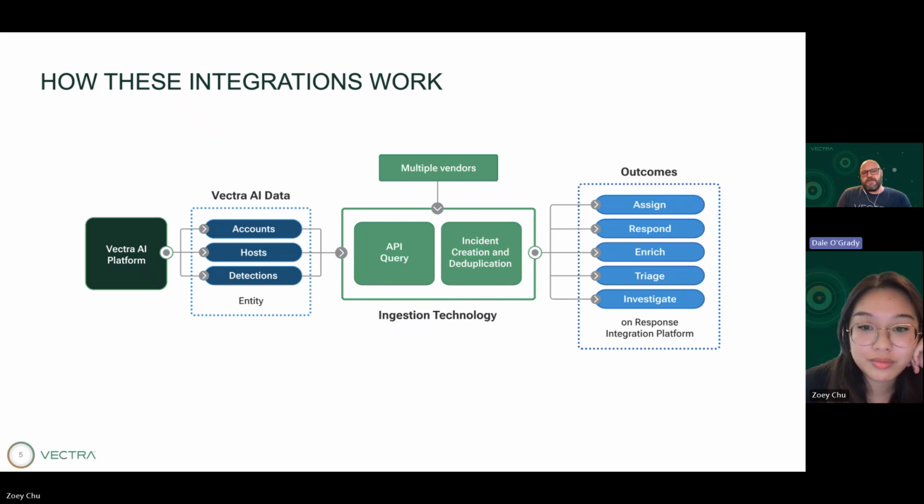We already have information around things like velocity and urgency score. So best practice, and kind of out of the box for our SOAR integrations, is the ability to create an incident when Vectra deems a host or an account is in the high urgency or is prioritized, to create an incident. And then that way you can work off of those incidents.